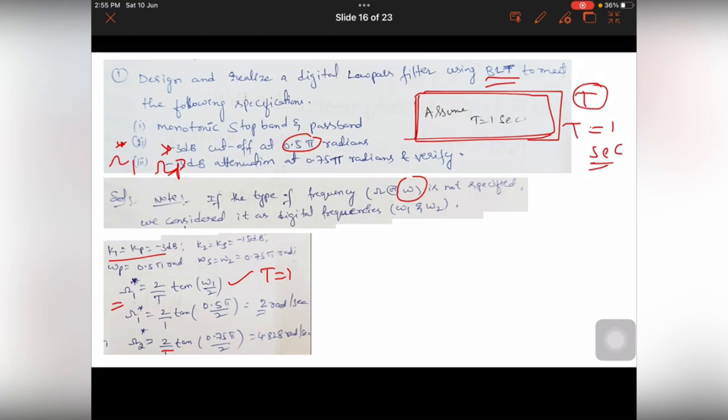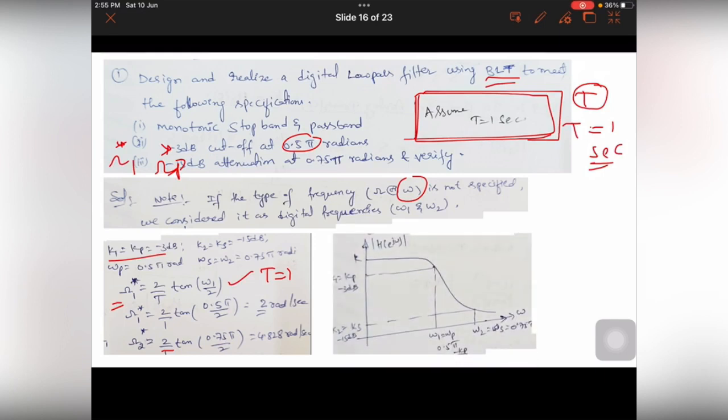Now you can mark all these revised specifications in the magnitude squared response: K1, K2, omega 1 and omega 2, and we can go with the next step. What is the next step? Step 1, we are calculating the order of the filter N. So what is the formula for N?